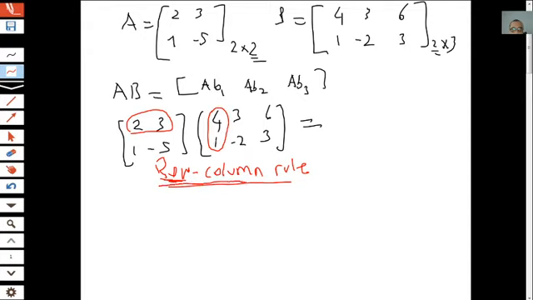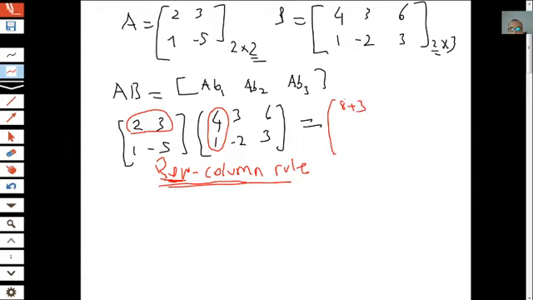First row, first column. Then we obtain the first entry by multiplying the corresponding entries in the first row and in the first column of the corresponding matrices. So we have 2 times 4, 8, plus 3 times 1 is equal to 3.